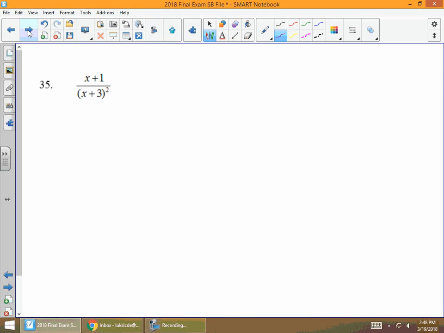For this problem, we have a square term in the denominator. And if you'll remember, the way we need to deal with the square term is that we need the singlet and we need the squared. They're both linear, so we can just have a and b up top.